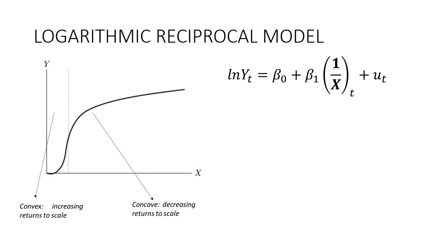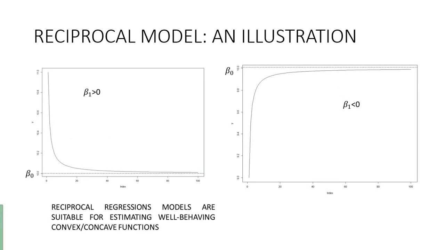So this contradicts common sense, and the logarithmic reciprocal model as well. Analogously, like what you can see in this graph, an increase in the level of x will always be accompanied by an increase of y. For instance, if you analyze the relationship between inflation and unemployment, there will always be a negative relationship. So unemployment increases, inflation decreases, and vice versa.